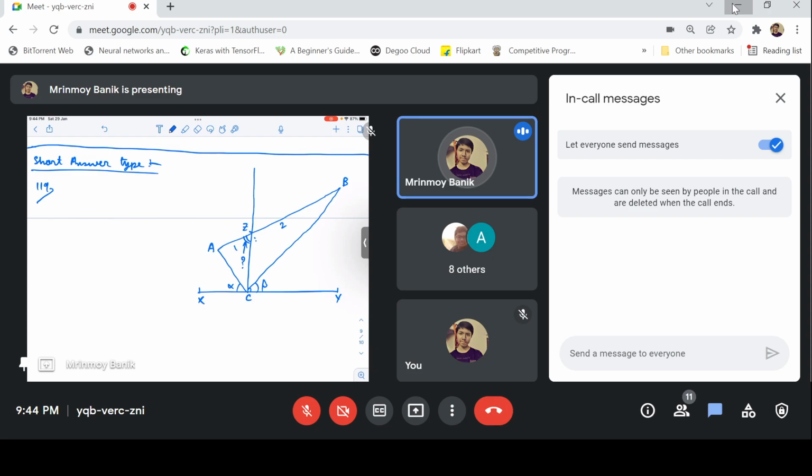Collecting the tan theta terms, tan theta times minus cos beta sin alpha minus 2 cos alpha sin beta equals cos alpha cos beta minus, oh yeah, that's 3 times.